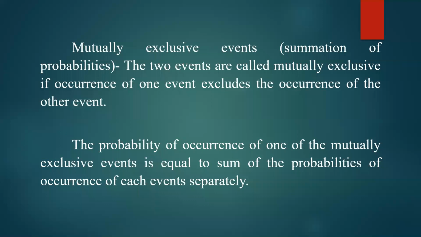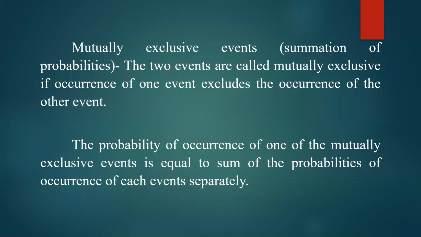So what do we mean by mutually exclusive events? Two events are called mutually exclusive if the occurrence of one event excludes the occurrence of the other event. If one event happens, it automatically removes the possibility of the other event.